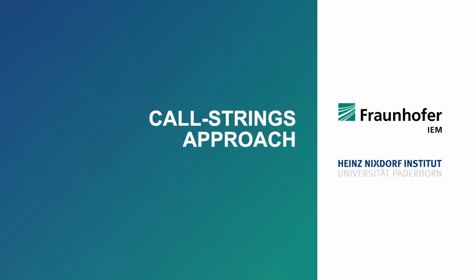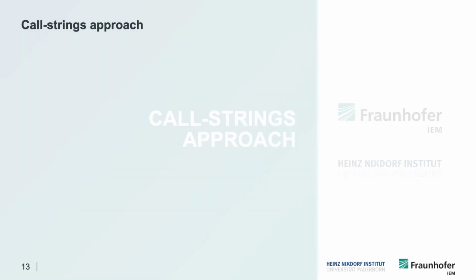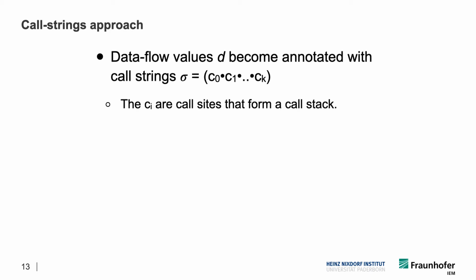So let's talk about this ominous call strings approach in a bit more detail. What does it really look like? Like I told you, we desire to encode the call stack and individual call frames somehow within data flow values. If you assume that we are given a regular context-insensitive data flow analysis, then this will propagate data flow values D throughout the interprocedural control flow graph.